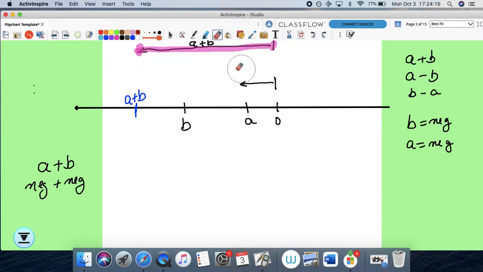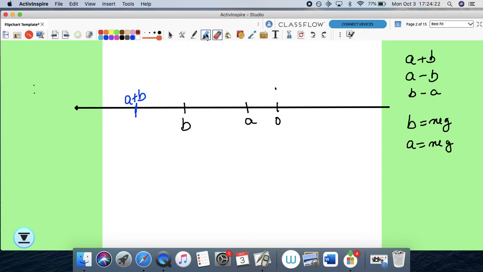Erase that. Now the second part says a minus b. Well, a is negative, so let me just write that a is a negative number, and I'm subtracting b, which is also a negative number, whatever that negative number is. If you can understand it from here, you can go ahead and plot the location of a minus b.